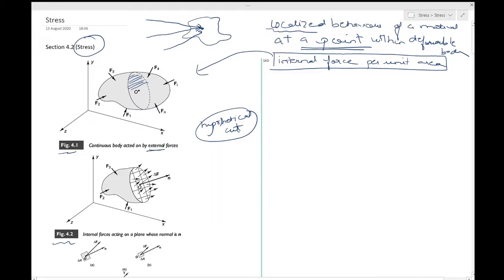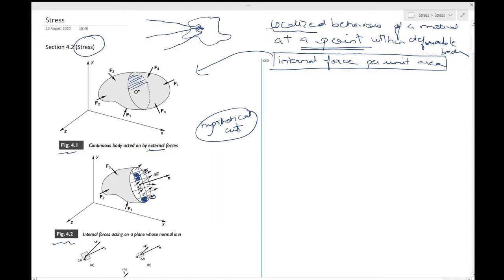Now, if you divide the plane into a number of small areas, these ticks, they are all small areas, and you measure the force acting on each of these. If this is the arrow which you are considering, this is the force acting on this area. Similarly, this is the force acting on this area, and so on.